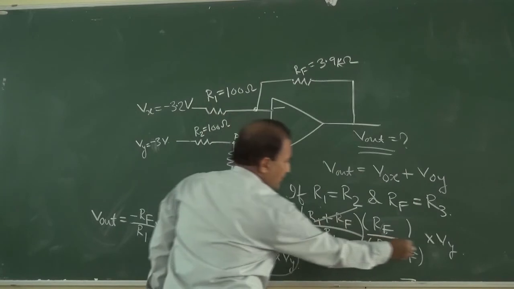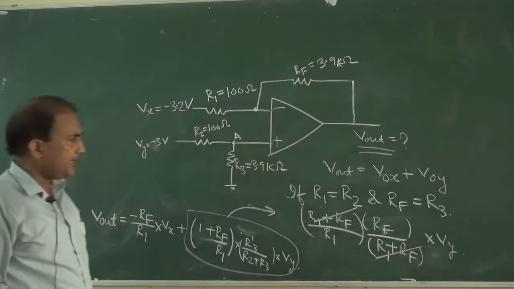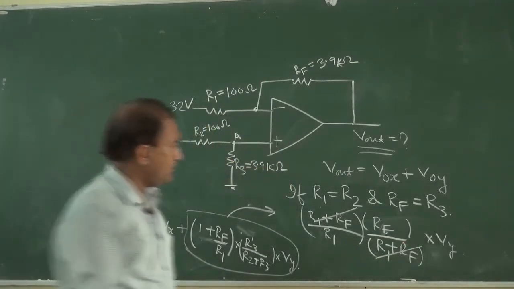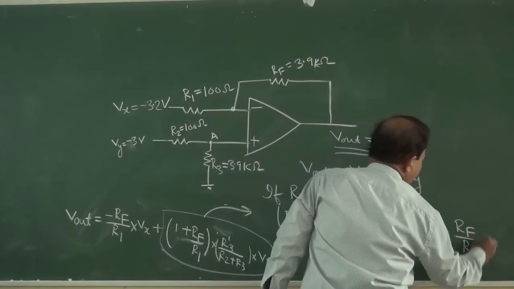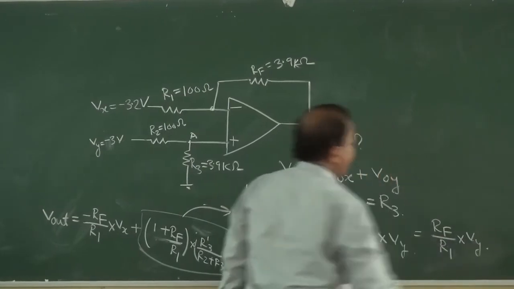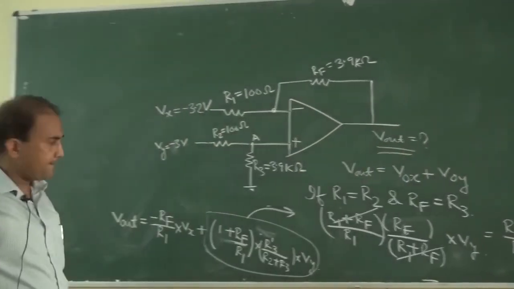So this will be cancelled out, and it is equal to Rf by R1 multiplied with Vy.